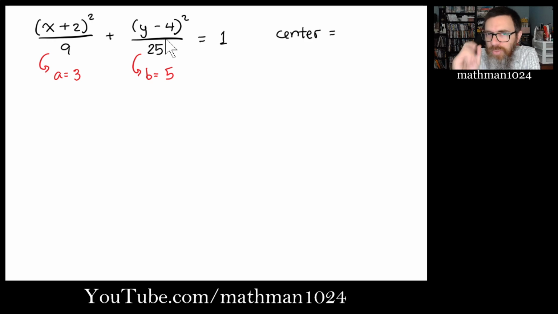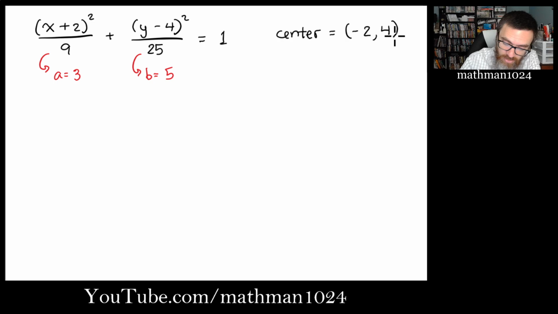But we have to do the opposite of what we see. So I see positive 2, so the center is going to be negative 2. Instead of negative 4, we'll say positive 4. That's my center. And the a and the b here just indicate how I've been stretched in the x, 3, and the y, 5 direction. So that means we're stretched more in the y direction from this center.